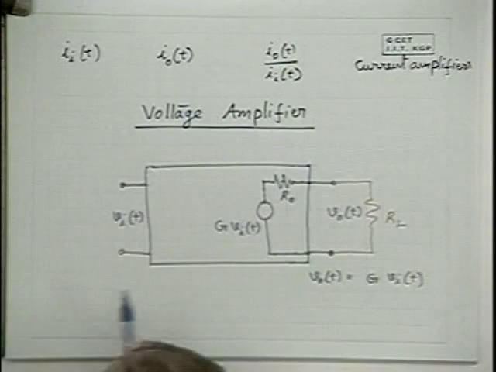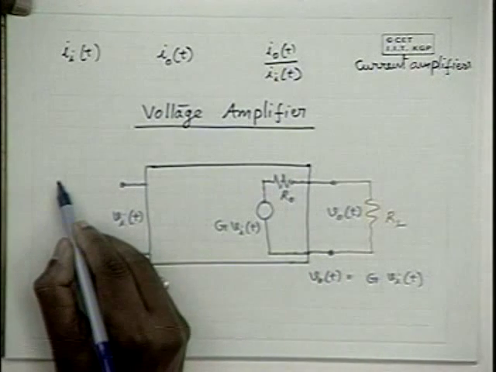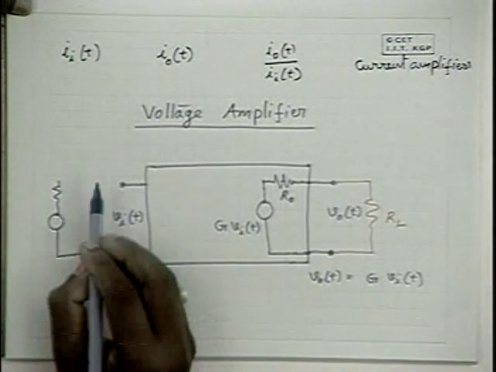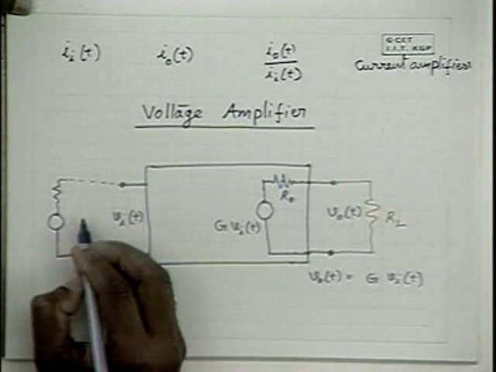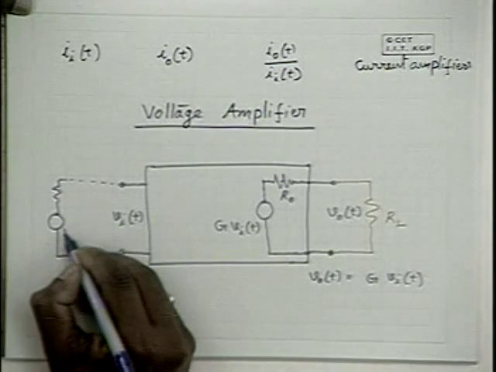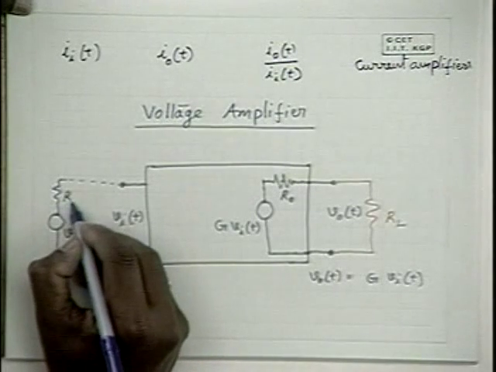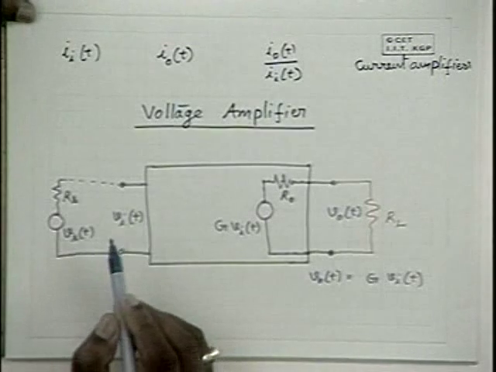Now let us look at the input side. There can be a practical voltage source which is applied to this, with the source voltage being VST, and the source may have some source resistance RS, because all sources are practical sources, they are not ideal.